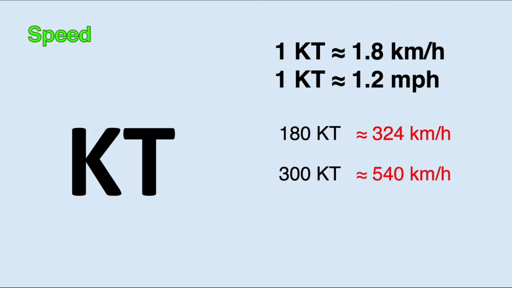But approximately one knot is 1.8 kilometers per hour. That means that if the plane is flying at 180 knots, it's approximately 324 kilometers per hour. The same happens with 300 knots. The same happens with 420 knots. That's the conversion. Just to let you know, the international standard unit of speed in aviation is the knot.